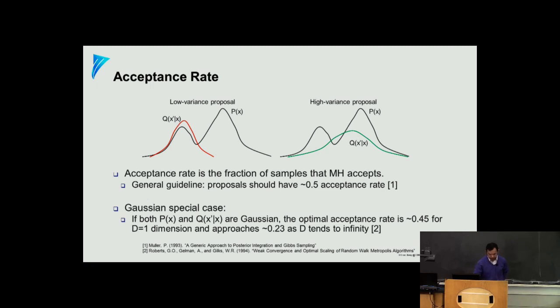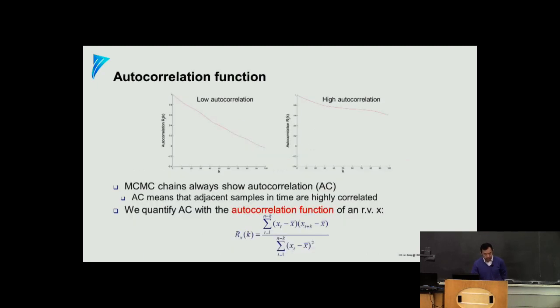Therefore, you have some guidelines. Typically, people want a proposal which gives you at least a 50% acceptance rate in the MCMC case, so that you can keep half of the samples. There are also other ways to qualify the usefulness of the samples. One is called the autocorrelation, computed in this way.